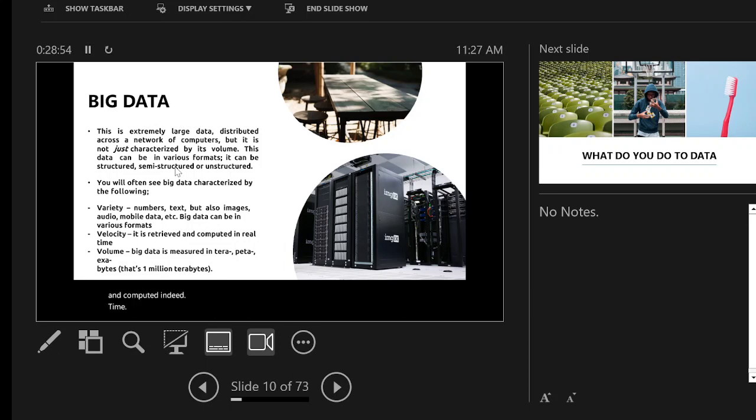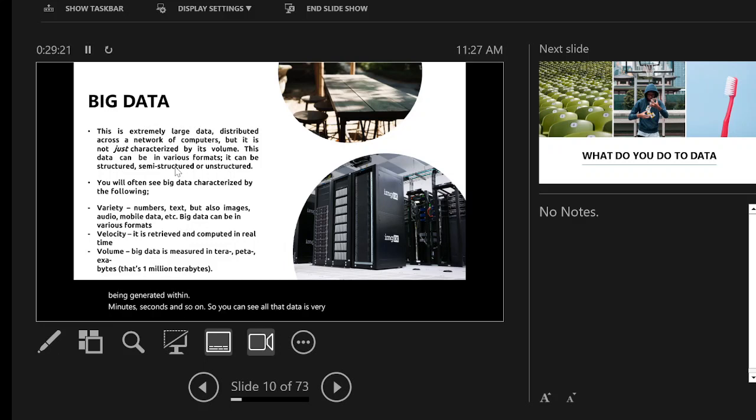Then another one is volume. Like it is voluminous, it is big. Another simple example, as we are speaking, how many people are posting on social media? A lot. So a lot of data is being generated within minutes, seconds, and so on. So you can see all that data is very voluminous.